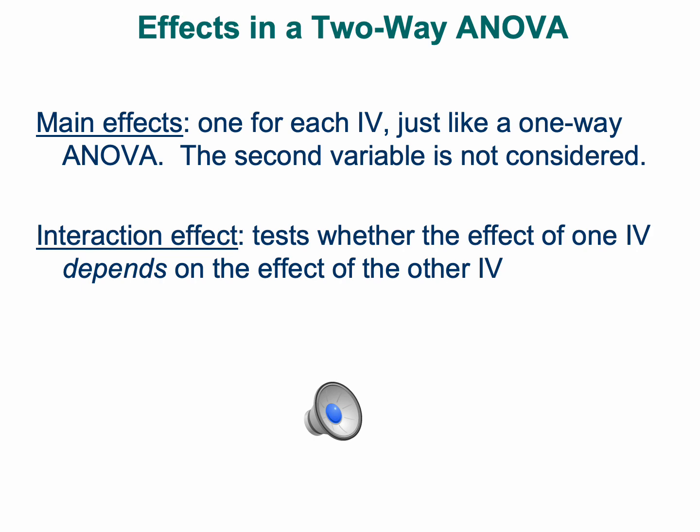The first concept that's new is that of a main effect. Now, a main effect is very similar to what we studied with the structural model when we only studied one independent variable. The main effect is the effect for just the independent variable, just like in one-way ANOVA, and the second variable, or the third independent variable, is not considered. So suppose we were contrasting birth order with gender. We'd have birth order as one independent variable and gender as the other.